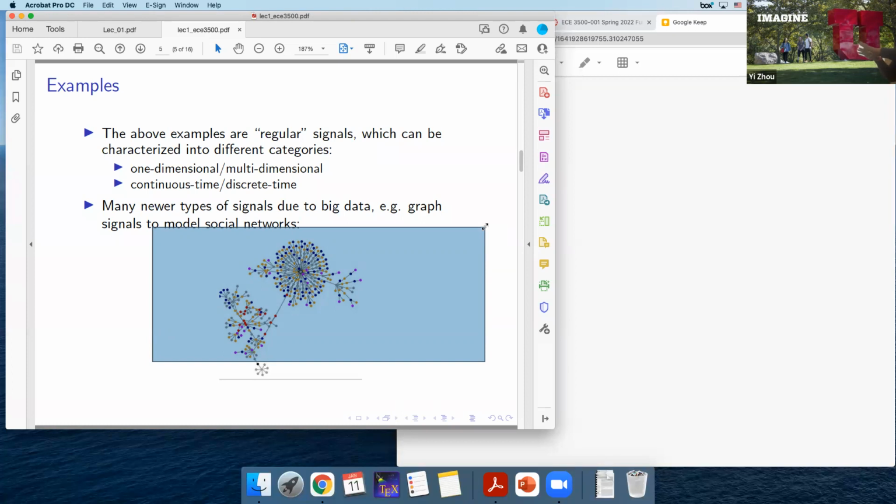And in addition to this, for every node, you may have some attributes: gender, age, race, etc. All this information can be attached to every node, so that information also belongs to this graph signal. This can be made very flexible.